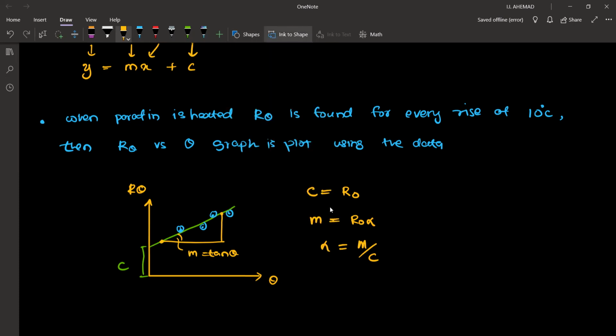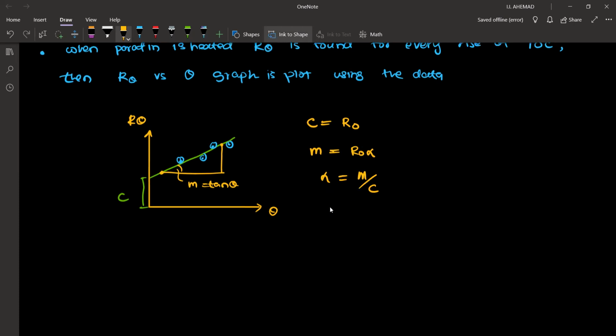Okay, alpha is equal to m over c. Hence alpha is determined.